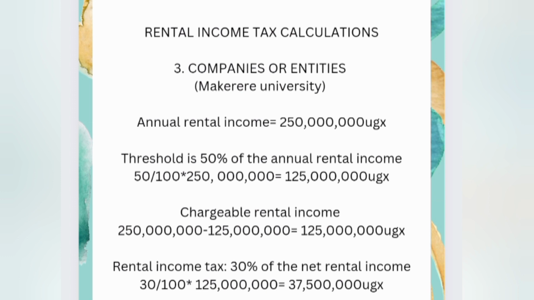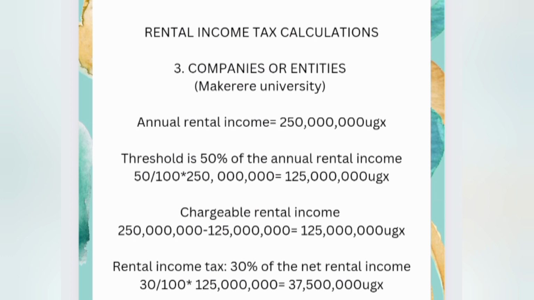So the chargeable amount here will be the total annual rental income, 250 million, minus the threshold, 125 million. So we take 125 million as our chargeable rental income. Now the tax is 30% of the net rental income, which is 30% times our chargeable rental income, 125 million.